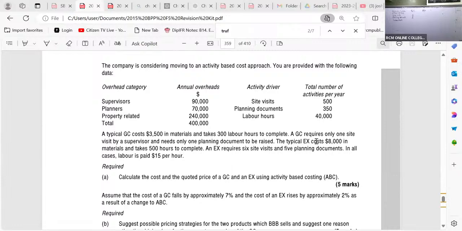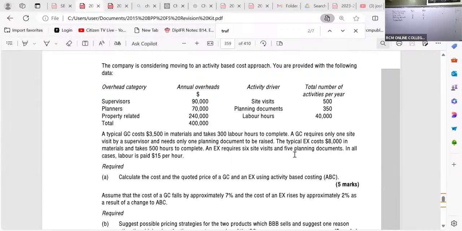The typical X costs 8,000 in materials and takes 500 hours to complete. An X requires 6 site visits and 5 planning documents.